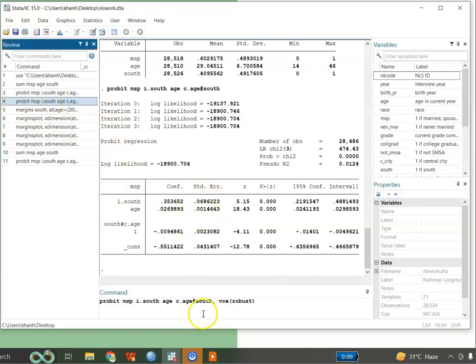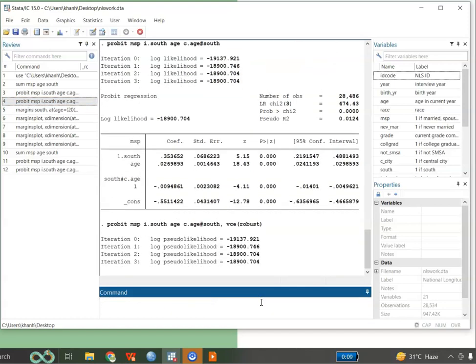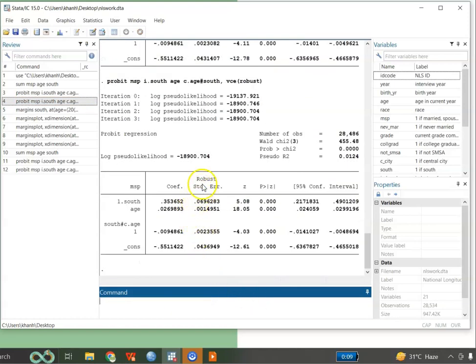So I will give this command. Up to this point the command is here, and then I add vce robust. So I am telling STATA to give me robust standard errors. Now instead of the usual standard errors, it is giving me robust standard errors.